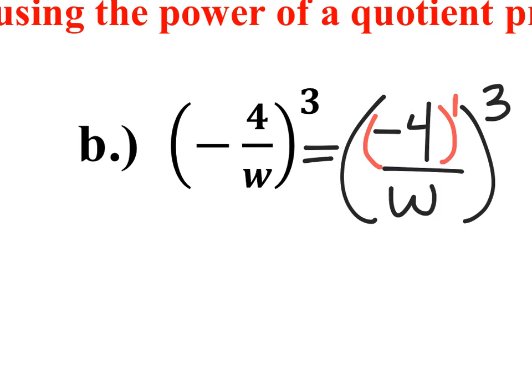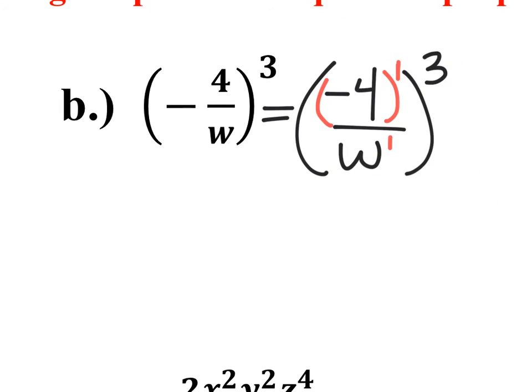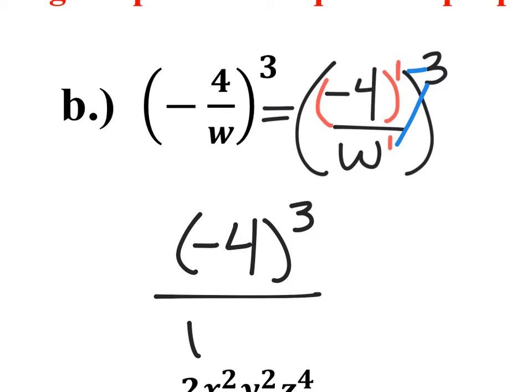That's important because it's negative. And W to the 1st, power to a power. Multiply those exponents. So it's going to be, this part's easy, -4 to the 3rd and W to the 3rd.